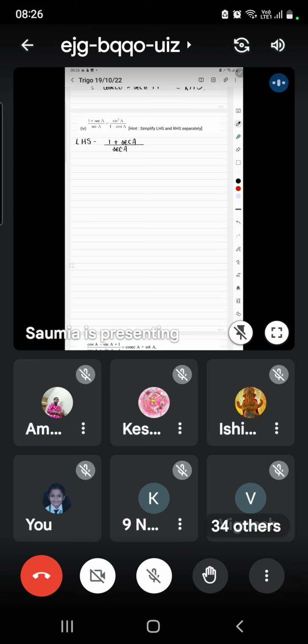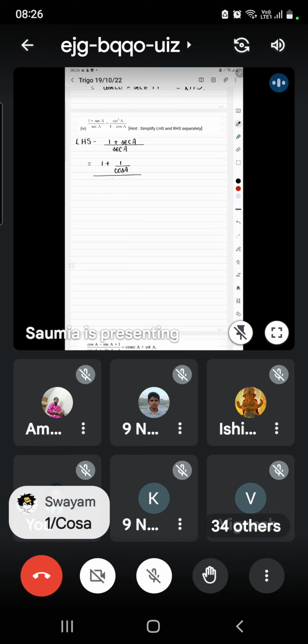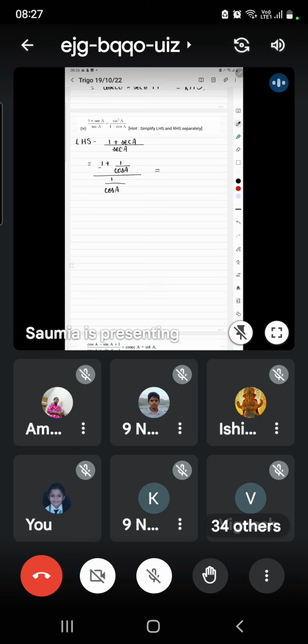As 1 upon cos A. So I'll write this as 1 upon cos A in the numerator and the denominator also as 1 by cos A. Now look at the numerator. I have two fractions to add, so I'm going to cross multiply. 1 into cos A is cos A plus 1 into 1. Denominator is cos A upon 1 by cos A.